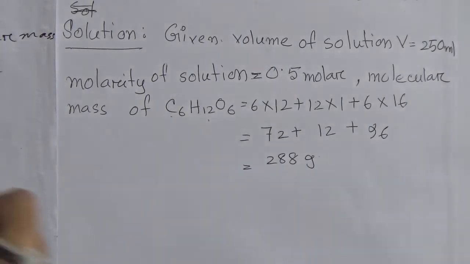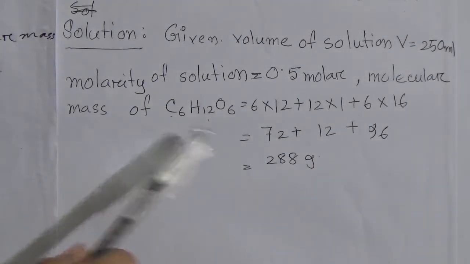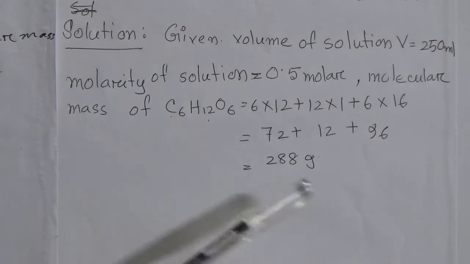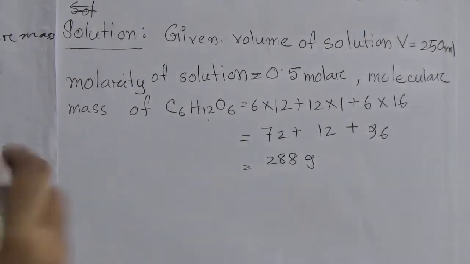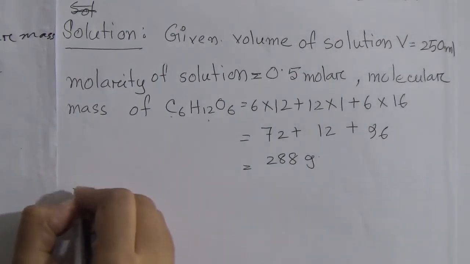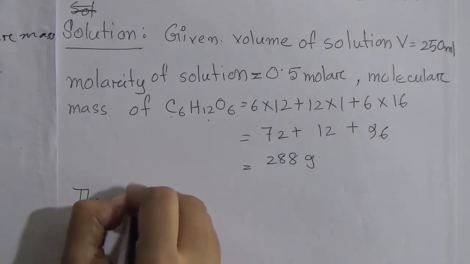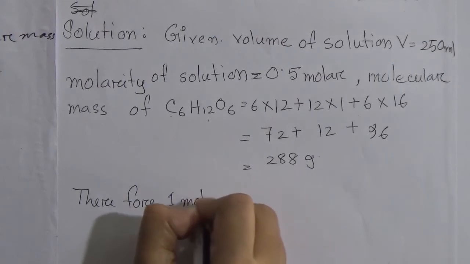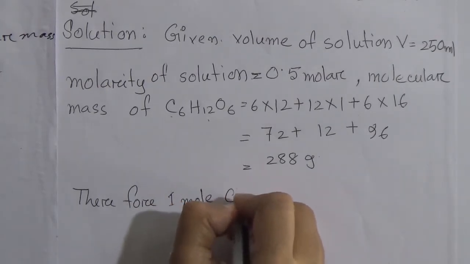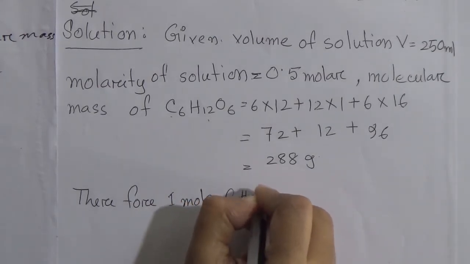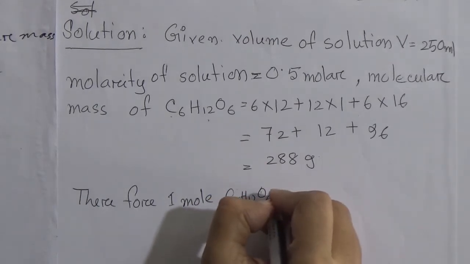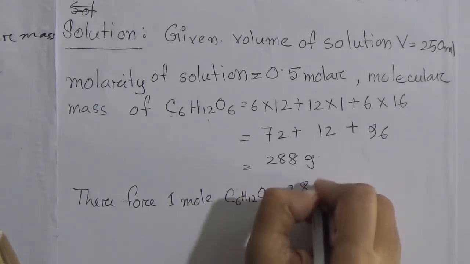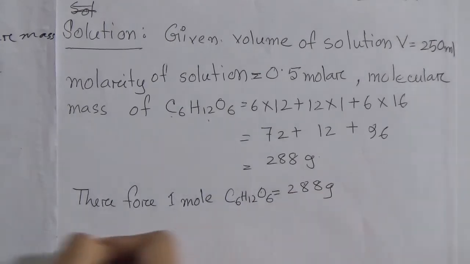So molecular mass of glucose is 288 gram. Now therefore 1 mole of C6H12O6, that means glucose, is equal to 288 gram.